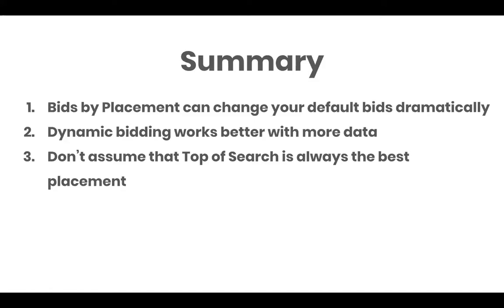So just to summarize. Bids by placement can change your default bids dramatically. So we saw how a $1 bid becomes $20, or a $2 bid becomes $40 at the max limits in the extreme case. So you want to be very careful about how you do this. Dynamic bidding works better with more data.